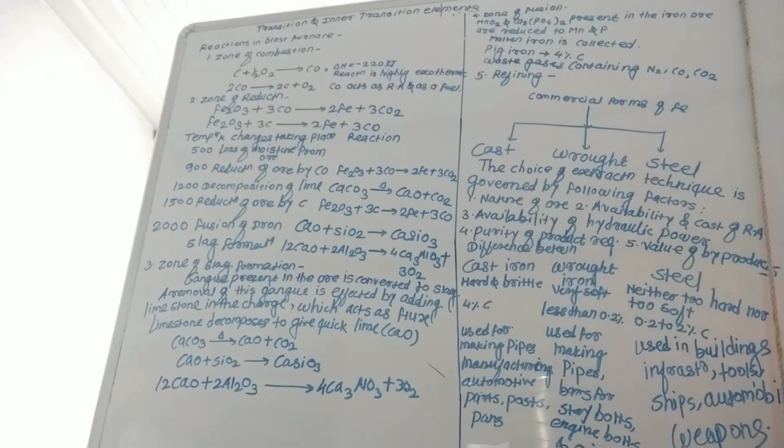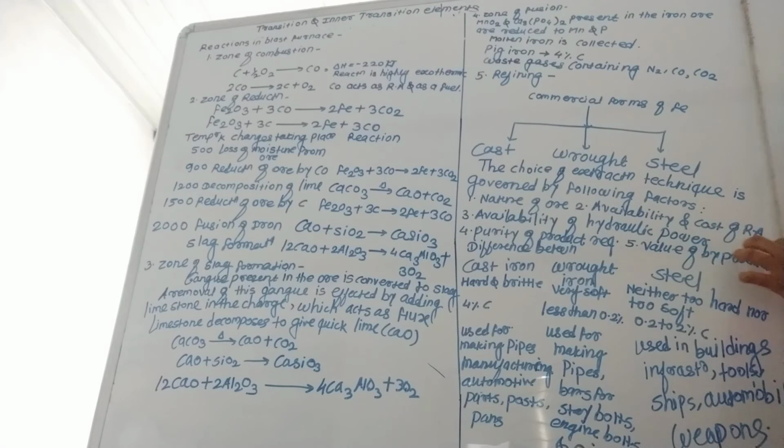The choice of extraction technique is governed by the following factors. Whichever technique you can use for the extraction of pure metal from its ore depends on these factors. First one is the nature of ore.